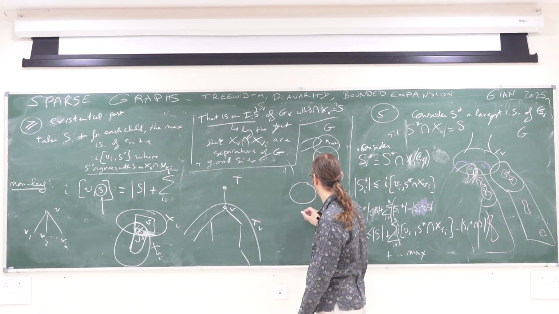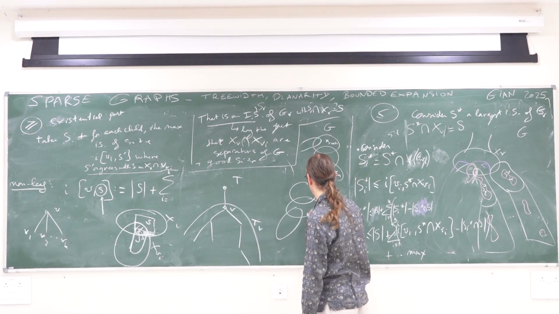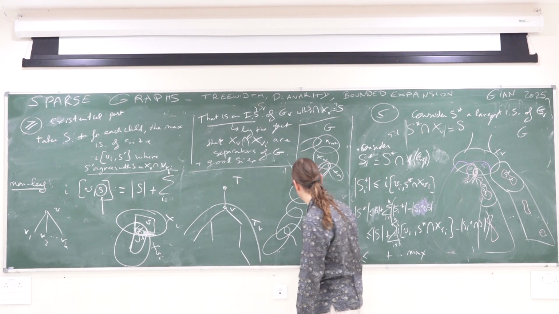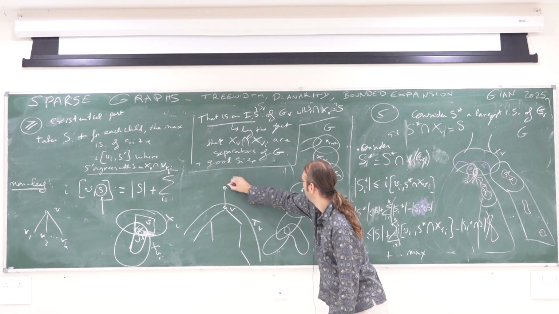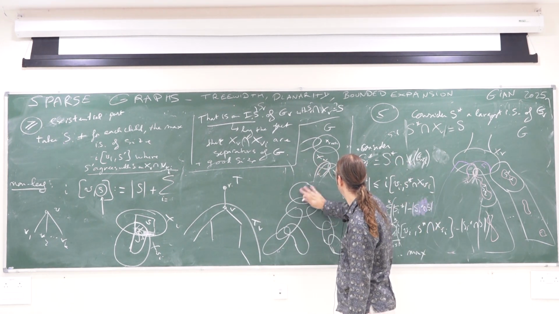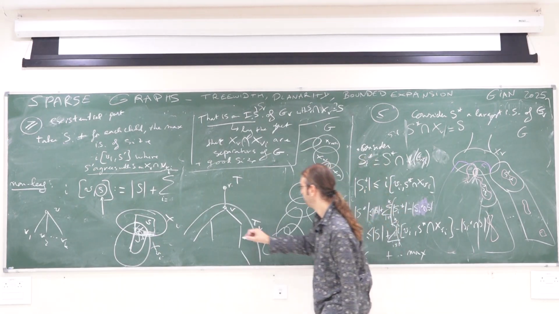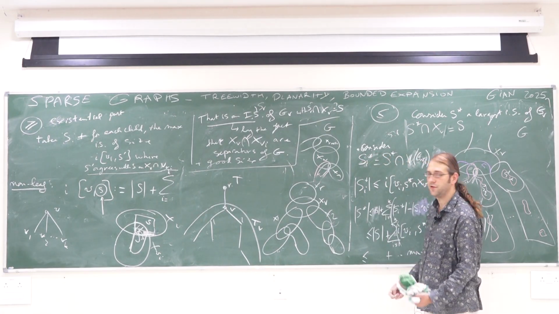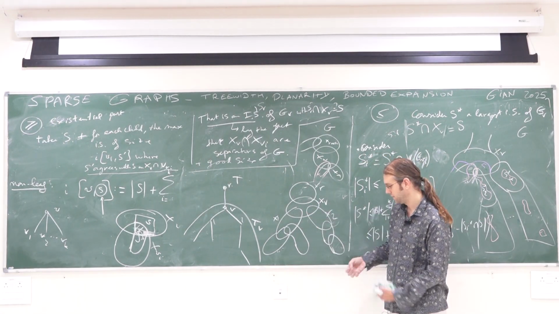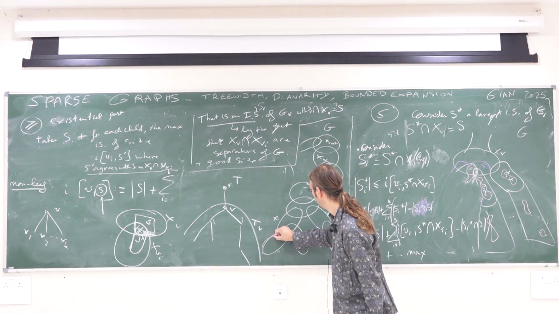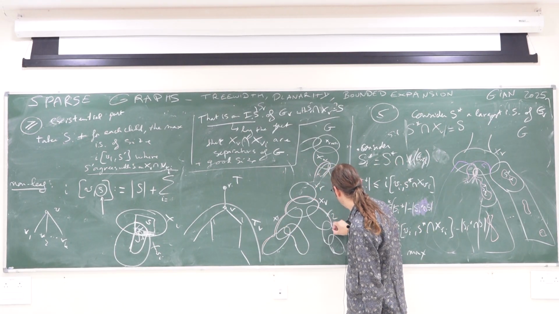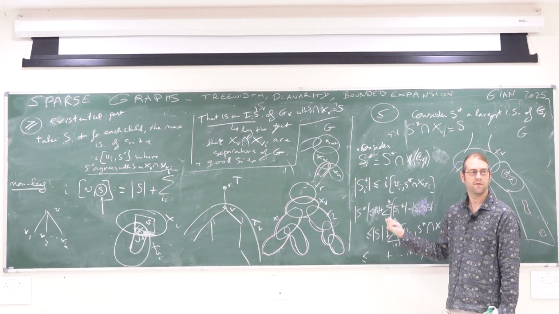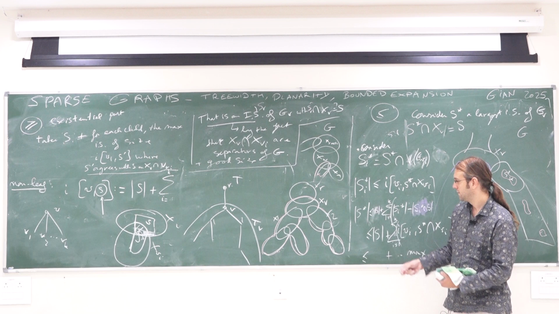This is this bag, and this bag, and these bags. This is R. This is XV, this is XR, etc. X1, X2. Okay, so what is GV? You take the union of the bags here, which correspond to the nodes of TV. This is a vertex set of your graph, and GV is this red pink graph.